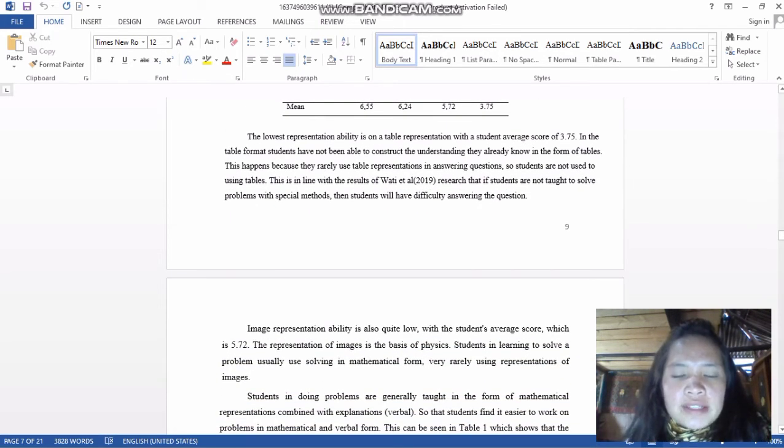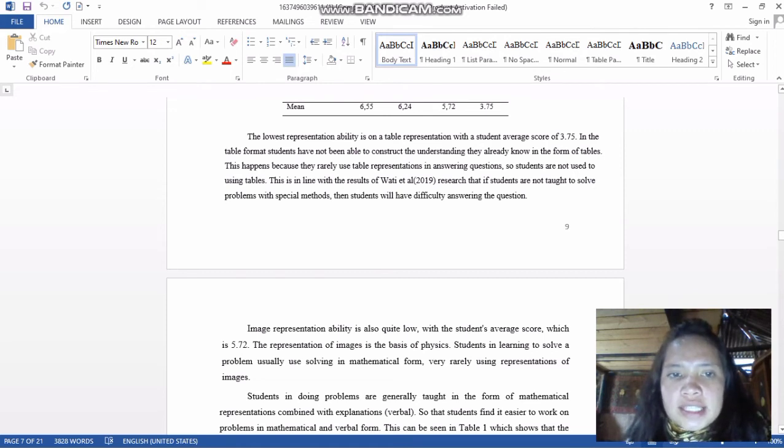The lowest representation ability is in table representation, with a student average score of 3.75. In the table format, students have not been able to construct the understanding they already know in the form of tables. This happens because they rarely use table representation in answering questions, so students are not used to using tables.